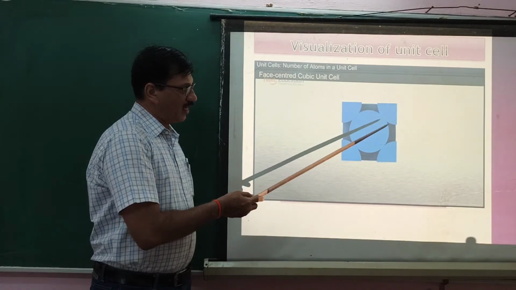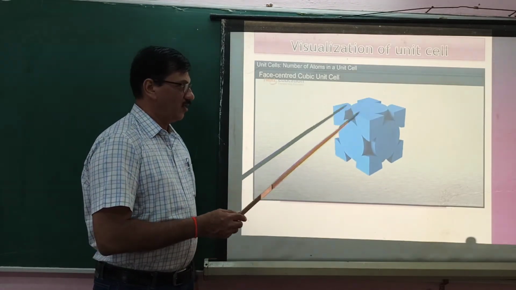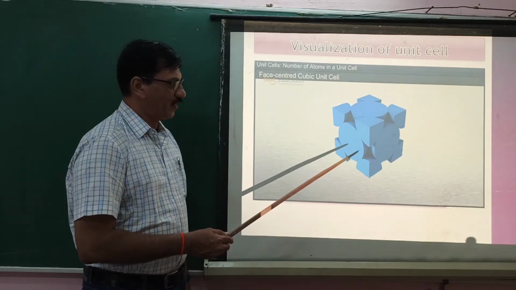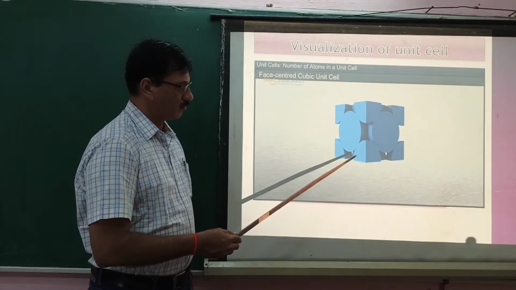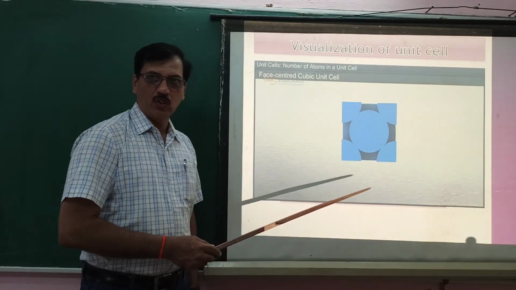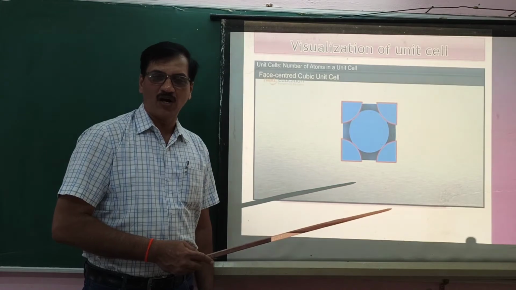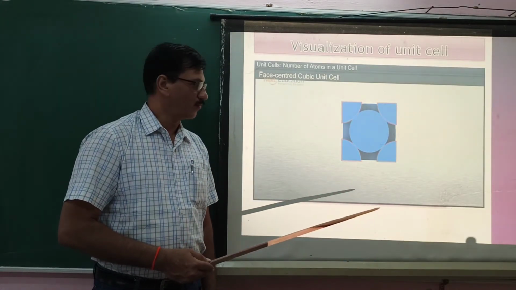And for the face atom, only half of it is inside; the other half belongs to another unit cell. So the number of atoms due to the corners is 1/8 of 8, that is totally 1.